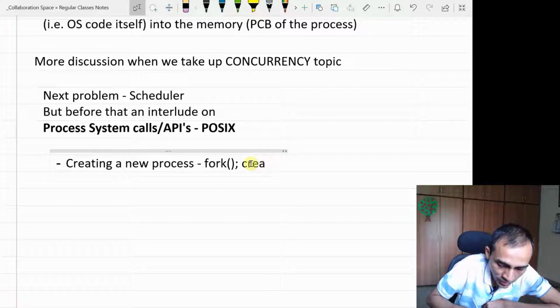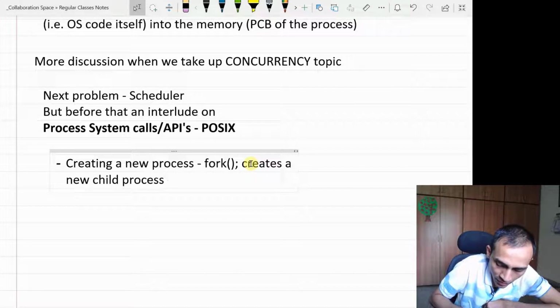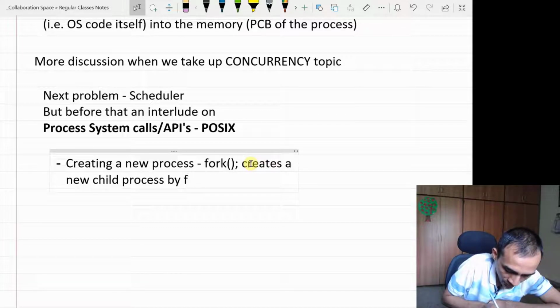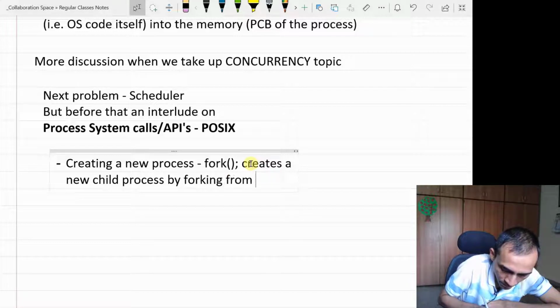What this fork system call basically does is create a new child process by forking from the parent process.